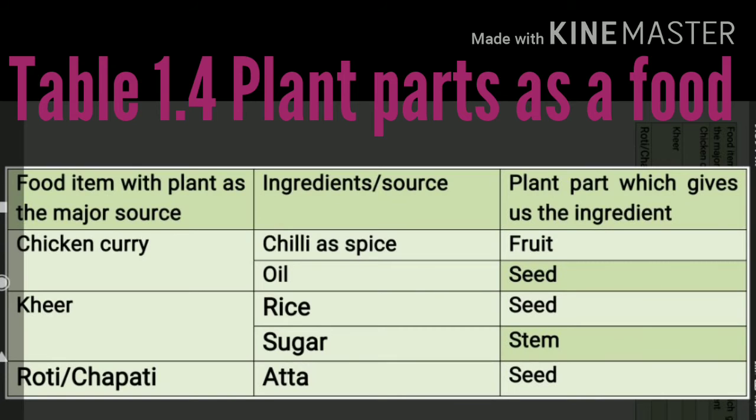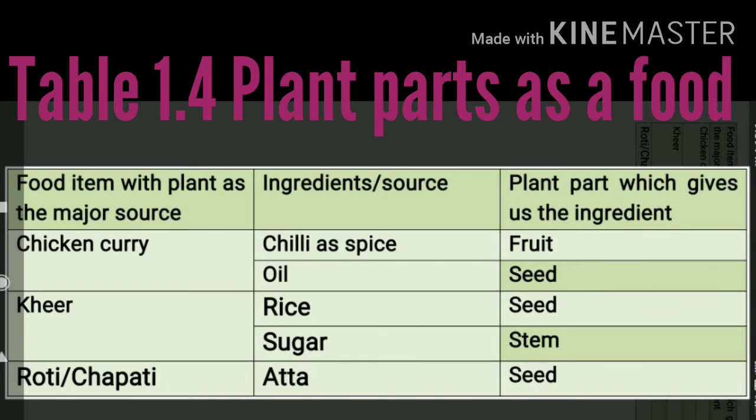It is a source from animals, and here we consider plant sources. So rice and sugar are the ones we get from plants. Rice, which part do we use which gives us the ingredient? So seed. Rice means the seed plant part which gives us the ingredient.